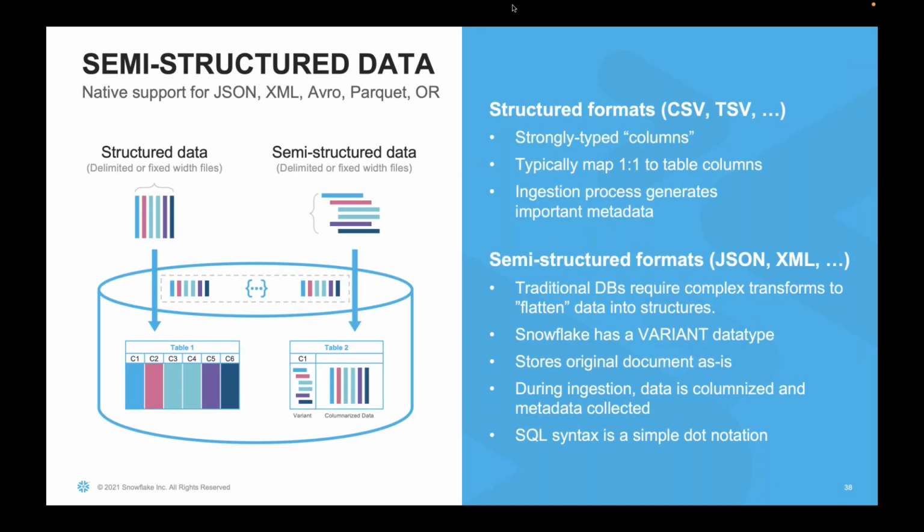Okay, now coming to semi-structured data support, we support all the semi-structured formats: JSON, XML, Avro, Parquet, ORC. We will have exercises with JSON data specifically, and a complete class on JSON data, where we will see how to first store the JSON data, then flatten it, and get insights out of it.